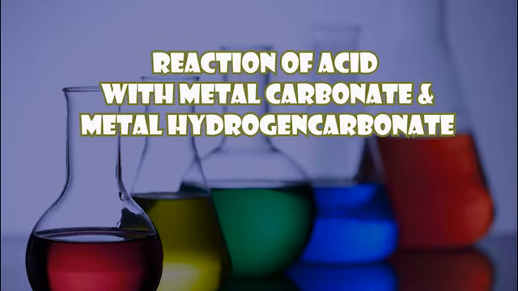Now we'll see what happens when an acid reacts with metal carbonate and metal hydrogen carbonate. Whenever an acid reacts with metal carbonate or metal hydrogen carbonate, the product remains the same. It forms the salt, water along with the liberation of carbon dioxide.